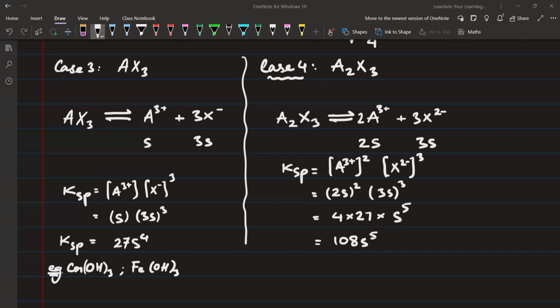Hg2 Br2 we have, Hg2 Cl2 we have. इसमें नहीं दिया हुआ कोई एग्जांपल आप लोग को, बट दे कैन आस्क यू डायरेक्टली कि KSP इस सही का क्या होगा. So you have to write down this 108 S to the power 5. अब एक in general case लिखेंगे. Let me know once you're done. Are you done, guys? Yes, sir. Done, sir.